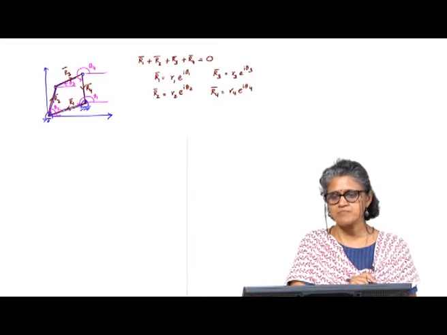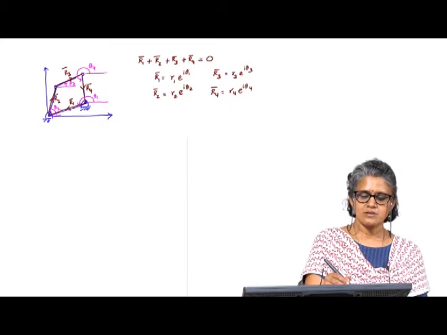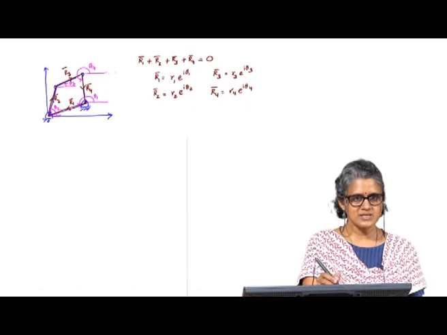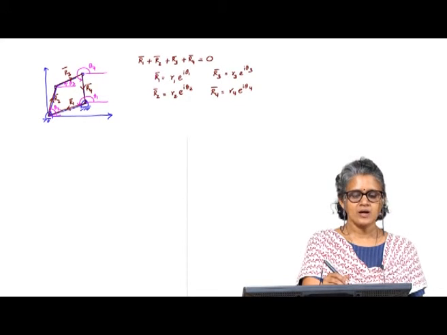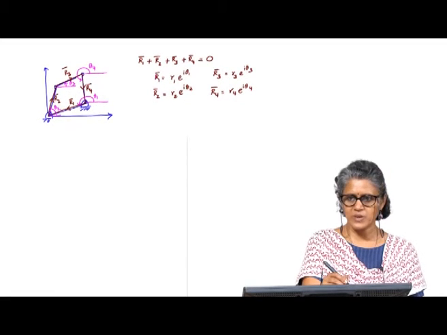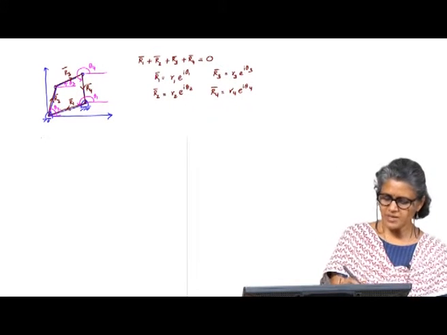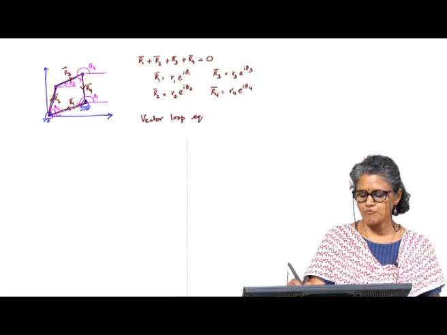This would be the form. So, make sure you pay attention to how we measure these angles, always measured with the positive x or real axis, counterclockwise, and measured at the root of the vector, at the tail of the vector, not the head. So, this is called the vector loop equation for a 4 bar.